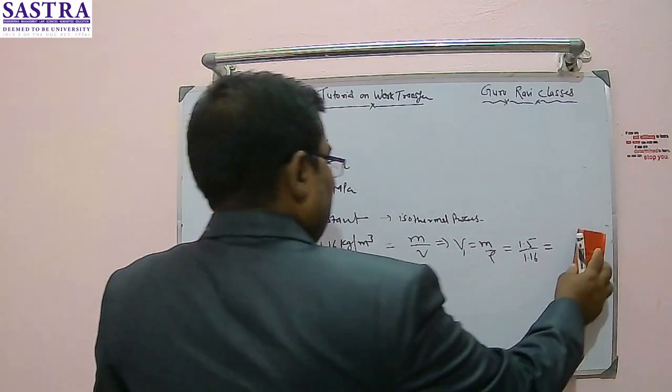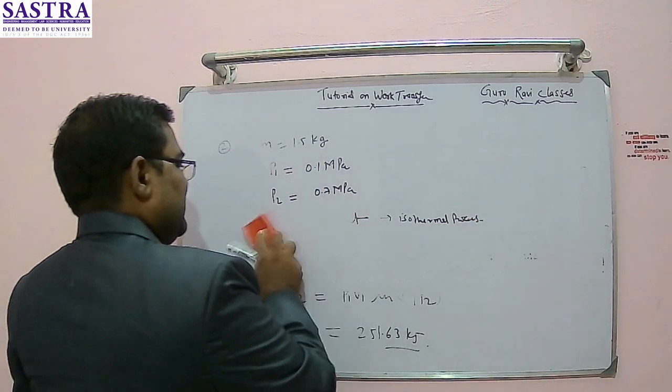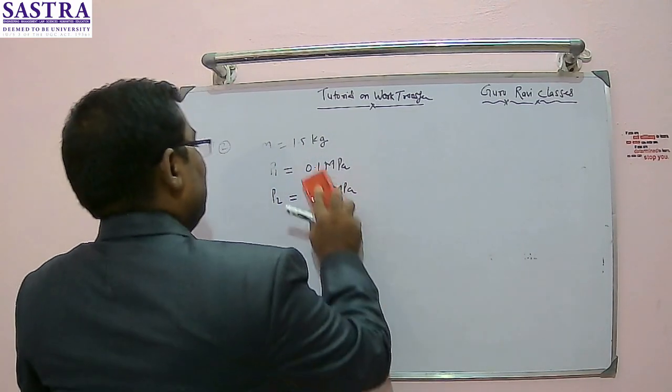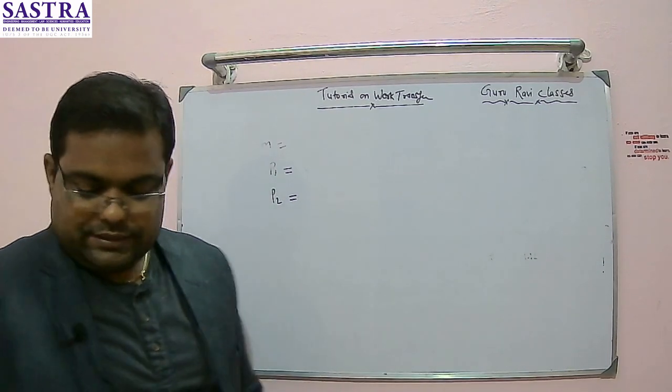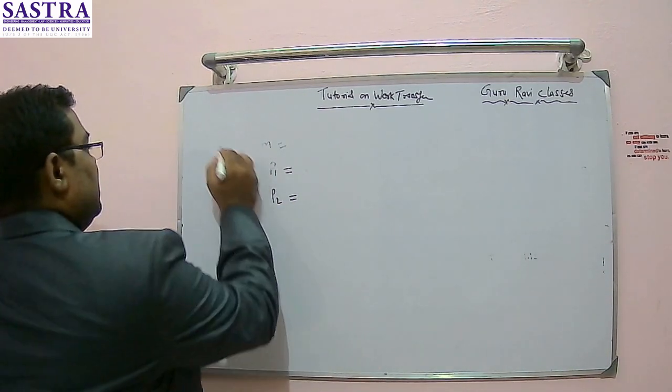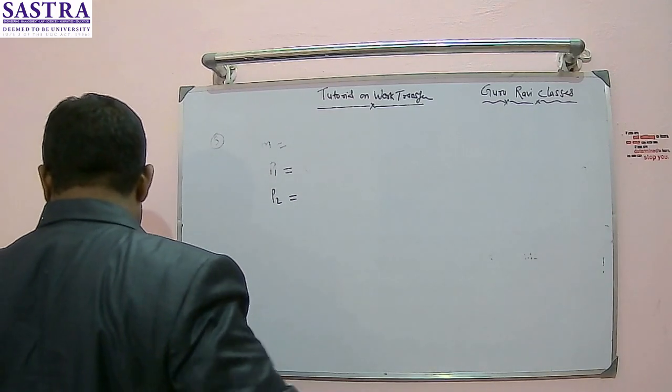So let's start. What all things are given, we will note down here. This is your third numerical problem in this series. What is given?